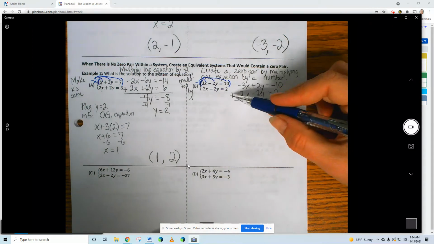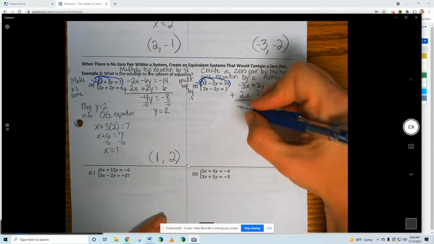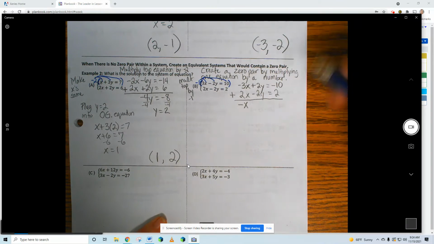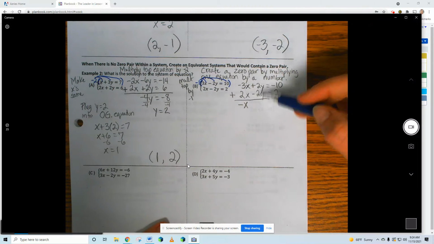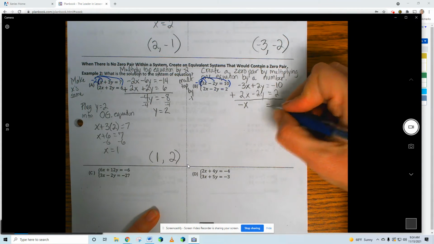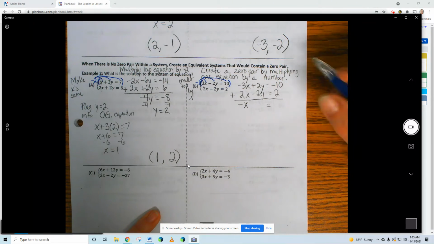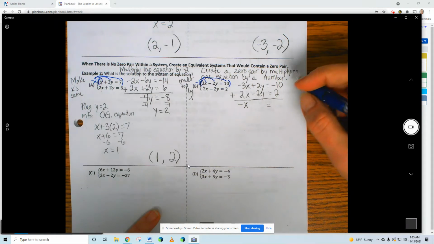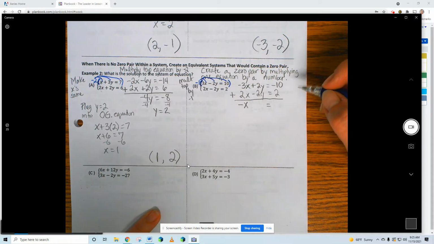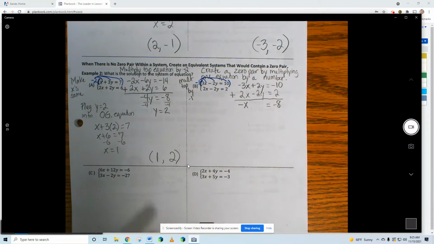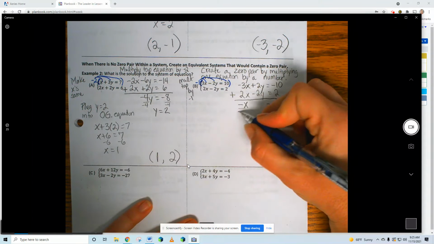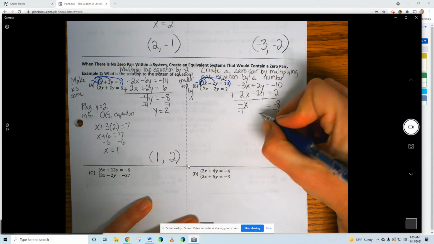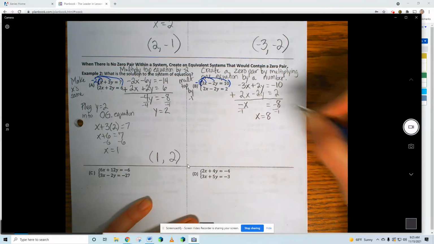Negative 3x plus 2x, negative x. 2y minus 2y, nothing. Negative 10 plus 2, negative 8. Divide by negative 1. X equals positive 8.